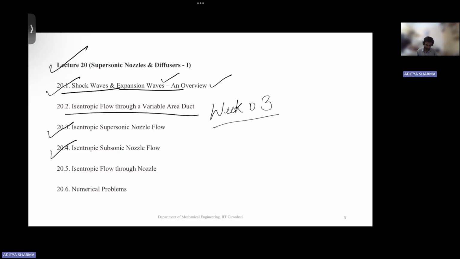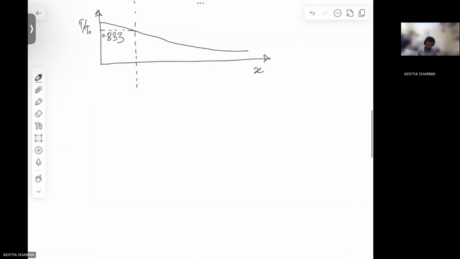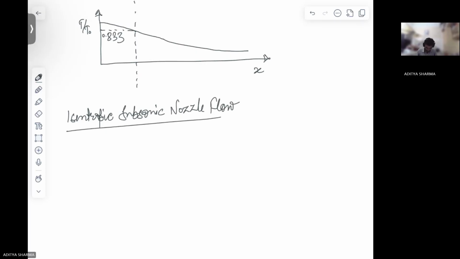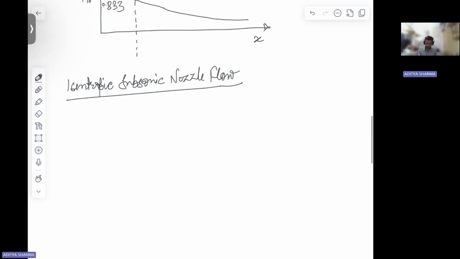In isentropic subsonic nozzle flow, what happens is your flow is going to remain subsonic in the whole of your nozzle. I'll again draw this nozzle first.